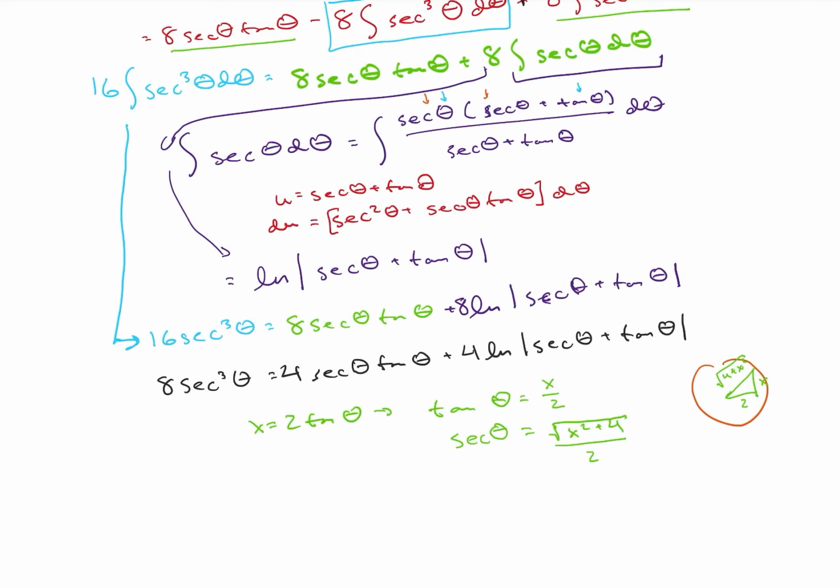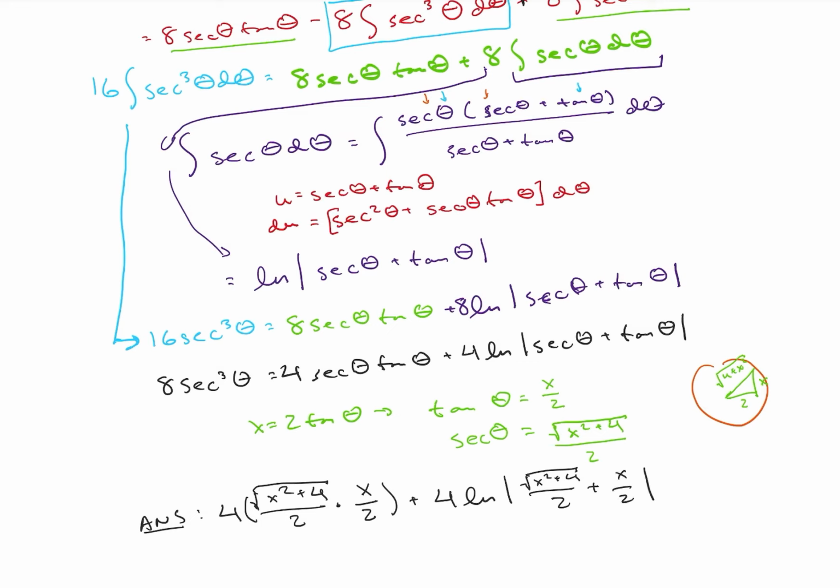So now let's go ahead and make our substitutions back. And we get that our answer is going to be 4 times the square root of x squared plus 4 over 2 times x over 2 plus 4 natural log of secant of theta, so square root of x squared plus 4 over 2, plus tangent of theta, which is x over 2, plus some integrating constant.